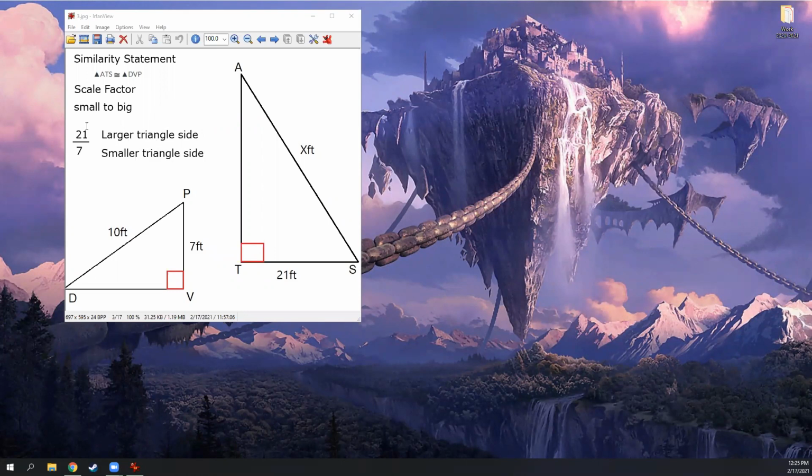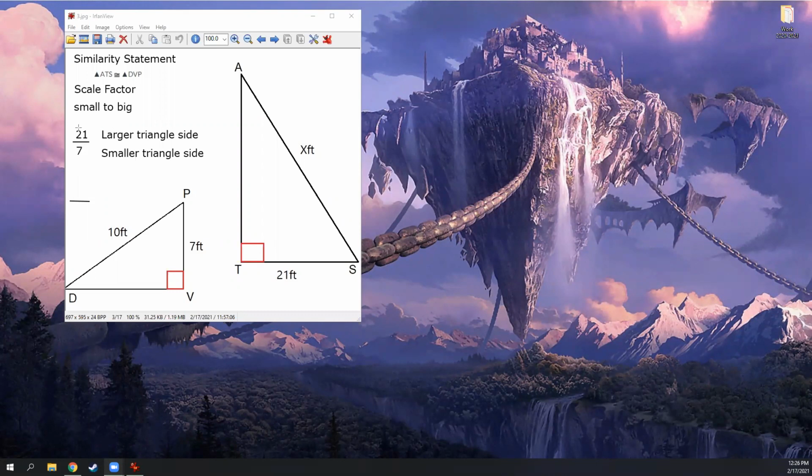Now we reduce this fraction. If you don't remember how to reduce fractions, it's fine. All you do is find a number that goes into both. I tend to try to stay really small. 2, 3, 4, are these numbers divisible by any of those? Well, 21 is divisible by 3, it equals 7, but 7 isn't divisible by 3, so we have to keep going. You're not going to hit anything until you get 7. 7 goes into 21, and 7 goes into 7.